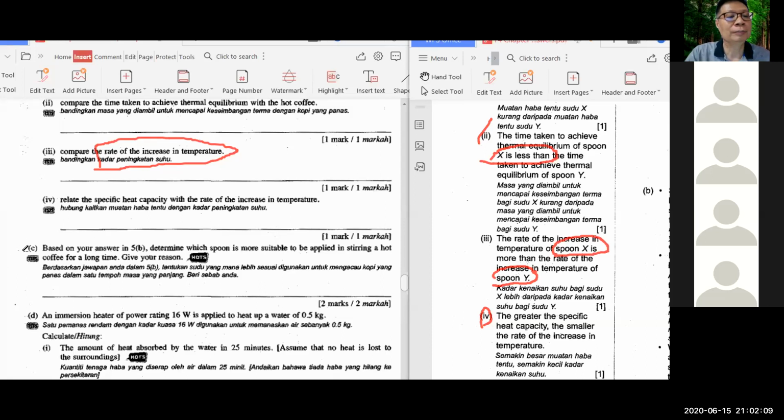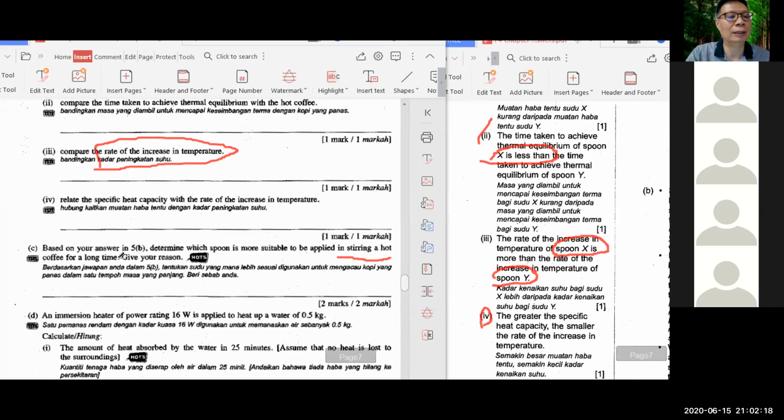Part C. Based on your answer in 5B, determine which spoon is more suitable to apply in stirring hot coffee for a long time, and then give your reason. So you are going to choose a spoon to stir the coffee for a long time. Which one is suitable?